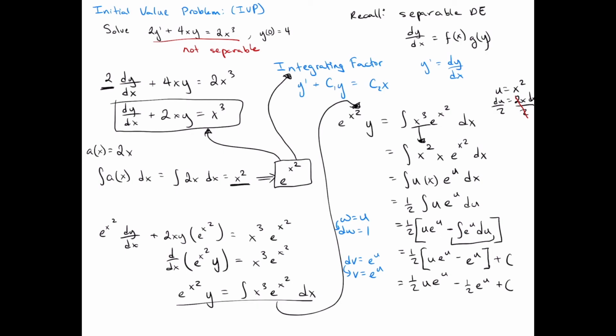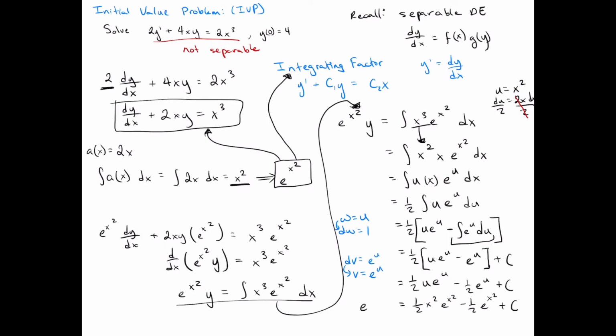And then from the very beginning of our integral, we get that u is equal to x squared, so let's substitute that in. So 1/2 times x squared e to the x squared minus 1/2 e to the x squared plus c. So that's our right hand side, and our left hand side, let's bring this down.